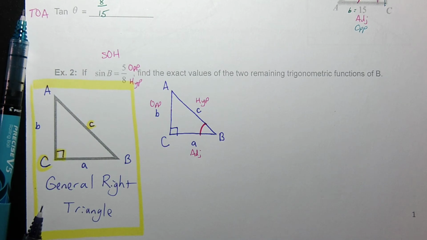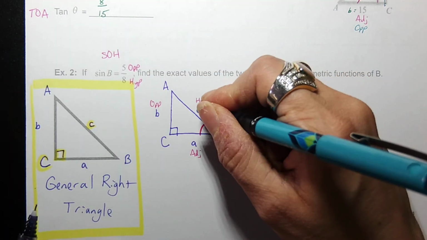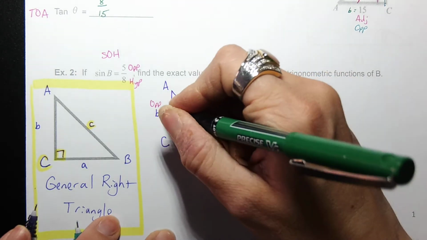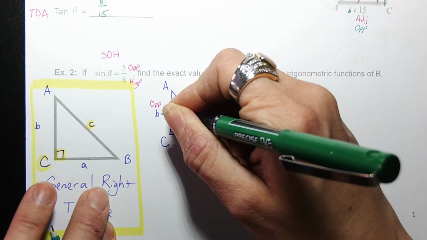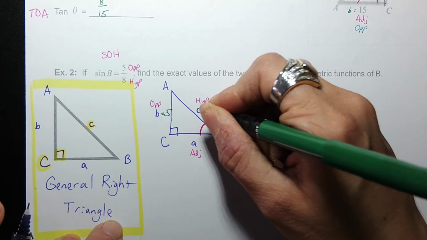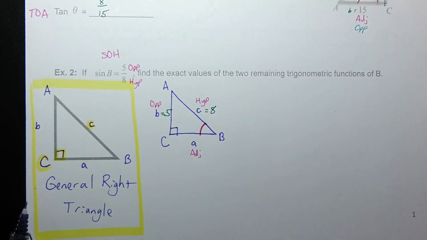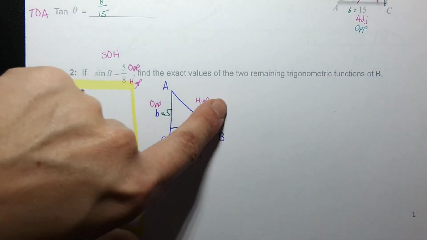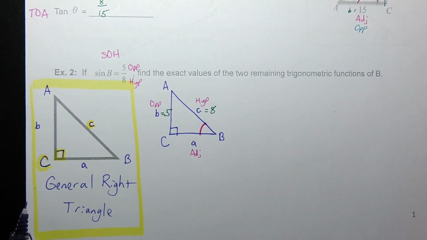So now, what do we know from our given information? We know that our opposite side is 5. So B is 5. And we know our hypotenuse side is 8. Now, if we want to find the two remaining trig functions of B, what are we going to need to find? We're going to need to find A, or the adjacent side.